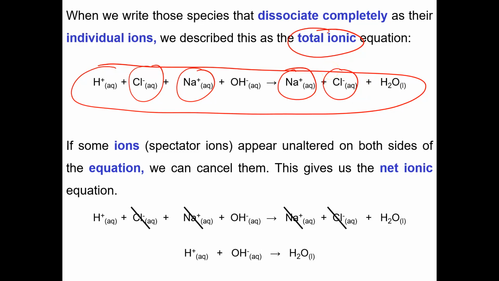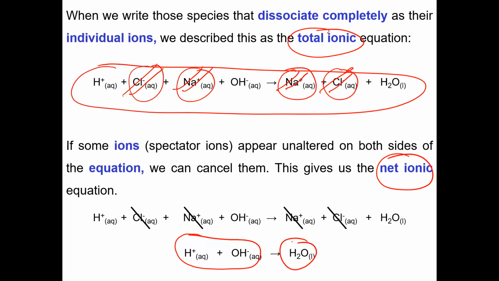So it isn't uncommon to cancel out these what we call spectator ions. And when we do that, this gives us the net ionic equation for our acid-base reaction. So in this case, we would get rid of chloride ions and sodium ions, and we can see really clearly what's going on here. Hydrogen ions are reacting with hydroxide ions to form water molecules.